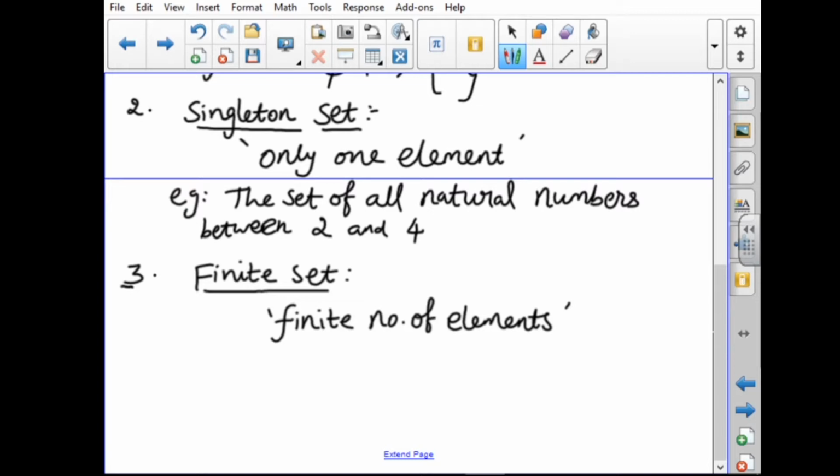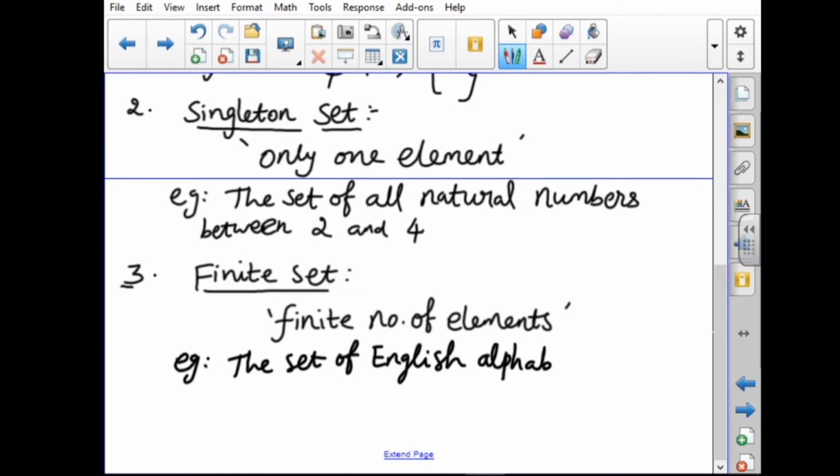For example, the set of English alphabets. We know that the number of English alphabets is 26. So we are able to count the number of elements, so it is called a finite set.